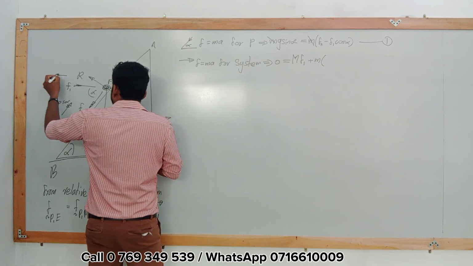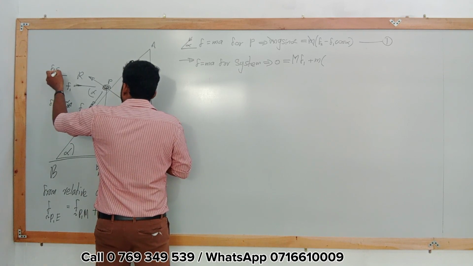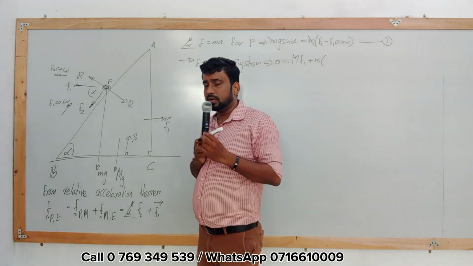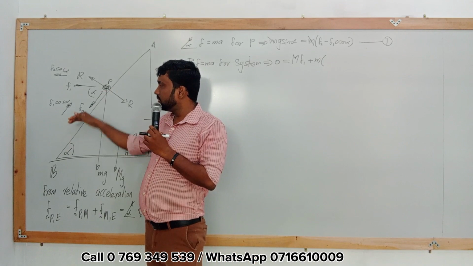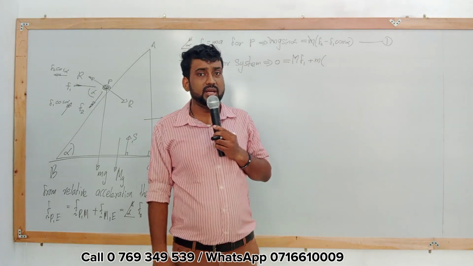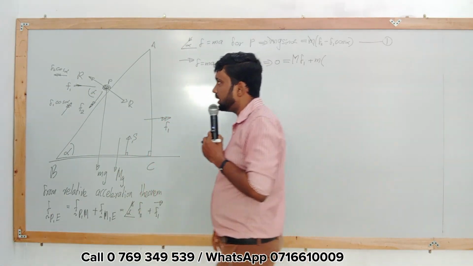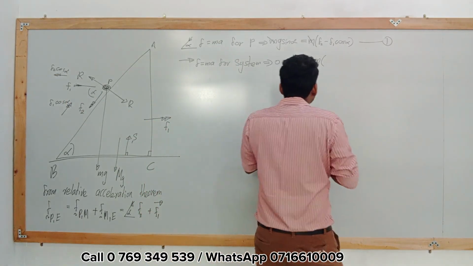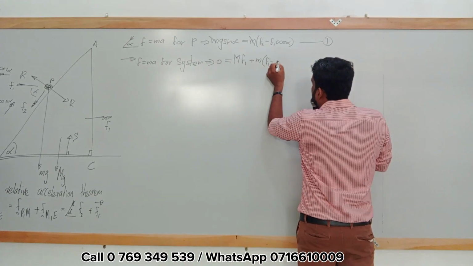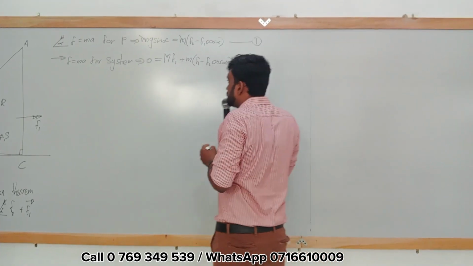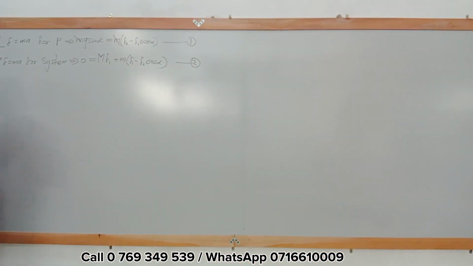The component of F2 on this side, F2 cos alpha, is minus. So F1 minus F2 cos alpha. Then we take capital M times F1 plus simple m times F1 minus F2 cos alpha. That is equation number 2.